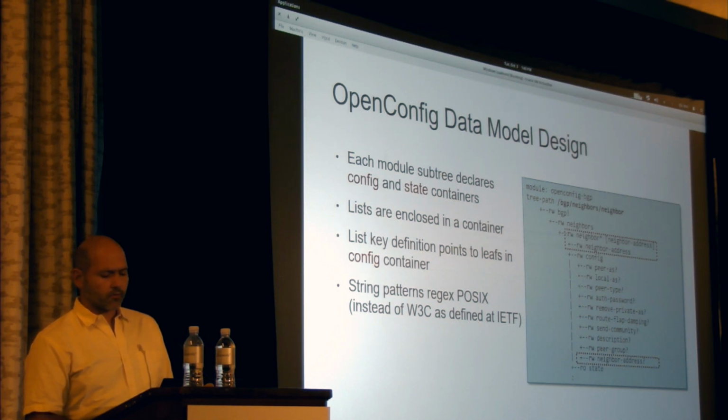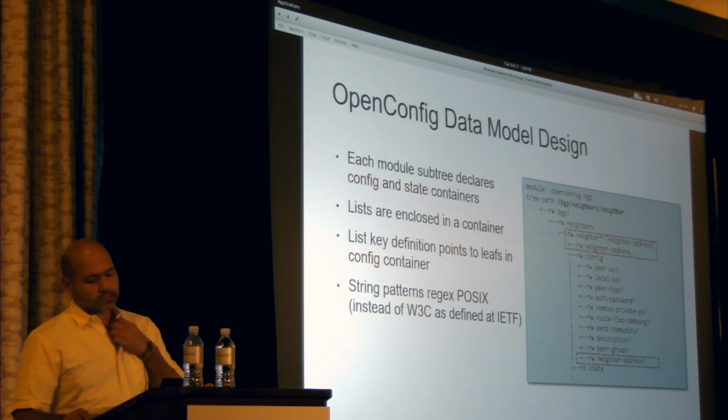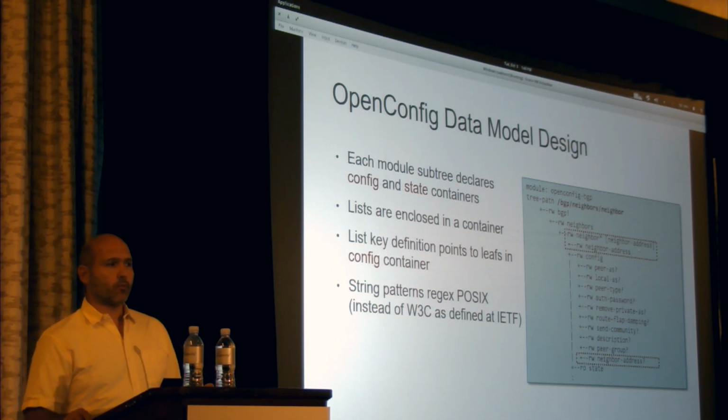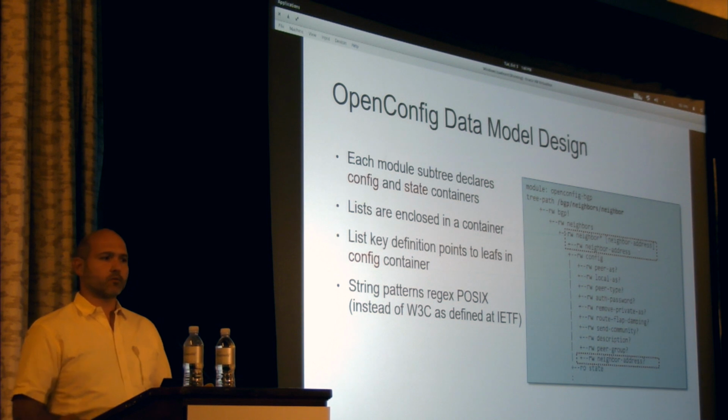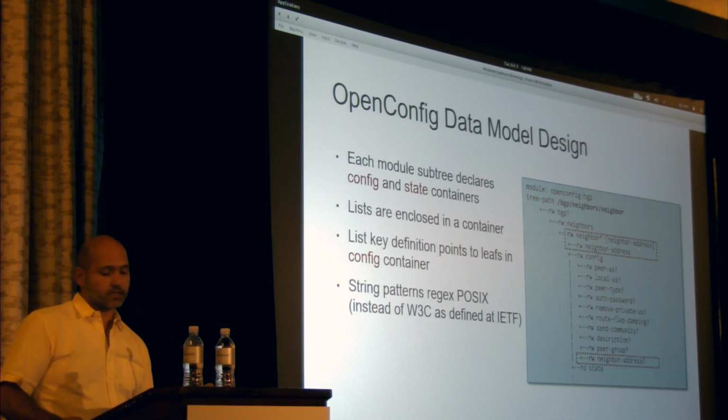Under neighbors, each neighbor is a list, represented here by this asterisk, and there's a key that identifies each of the entries in that list, which would be the neighbor address. This leads to another pattern that, when you're new to OpenConfig, you're going to see through the examples I'll show later in the presentation.